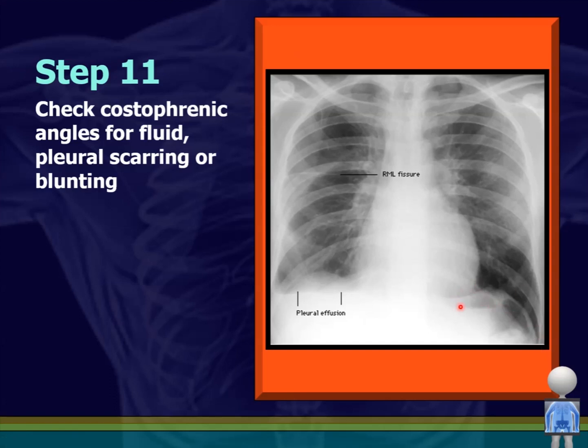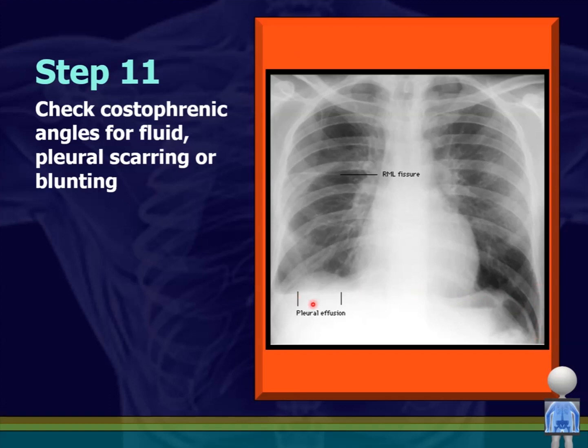On the sides, as the diaphragm comes down, there should be a really sharp angle at the end of that. So here's your diaphragm. That's a gastric bubble right there. And you've got this really sharp edge, almost like a point, where the diaphragm meets.